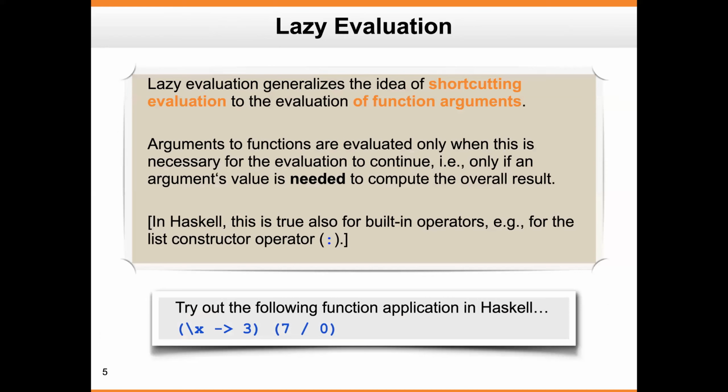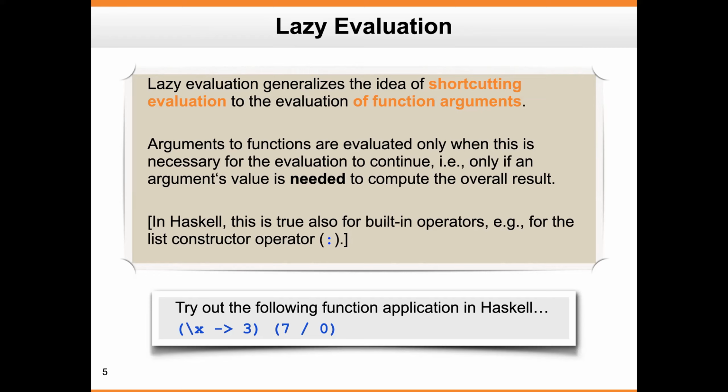The idea of lazy evaluation is to generalize this shortcutting evaluation to the evaluation of function arguments. So not only do such shortcutting for conditionals, in an if statement, but for any function. The idea is that the arguments of functions are evaluated only when it is necessary to do so for the evaluation to continue.